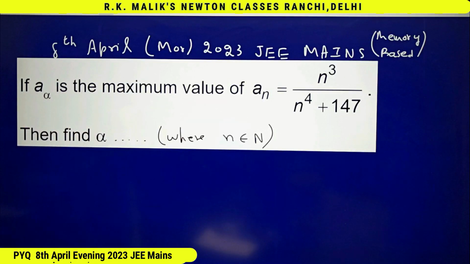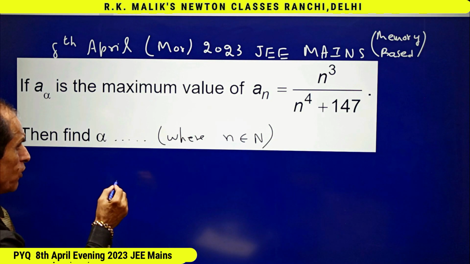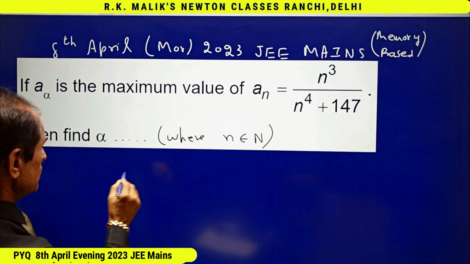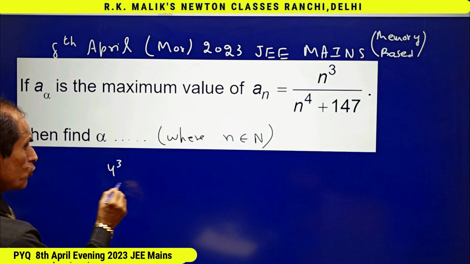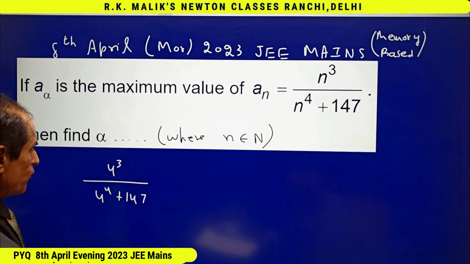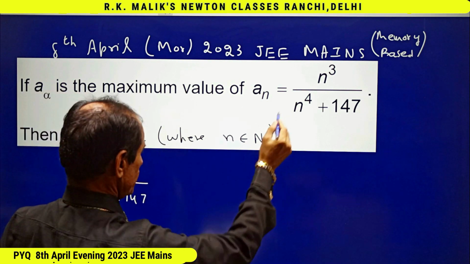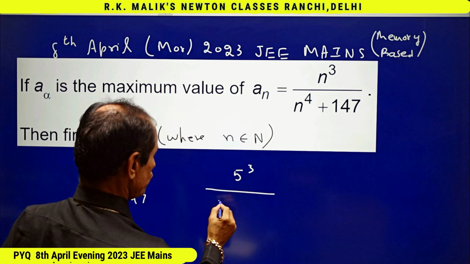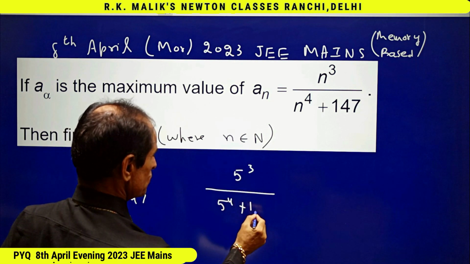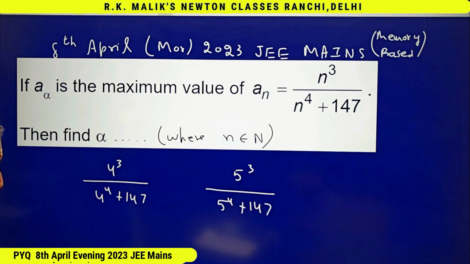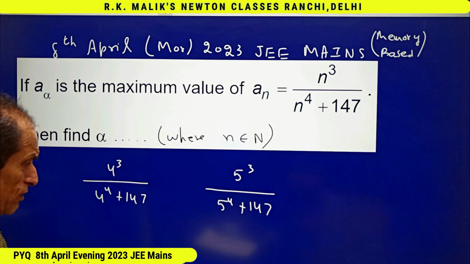Therefore, we'll have to compare the values for n equal to 4 and n equal to 5. I have to check which one is bigger. Otherwise, it is difficult to calculate. I proceed in this way.